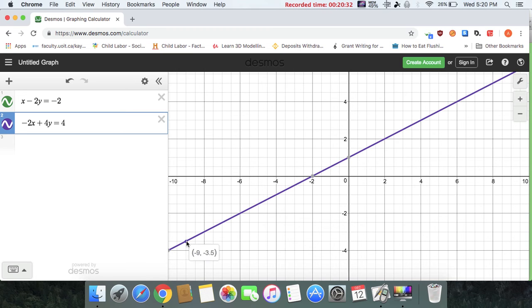So if I take this point right here, which is negative 9.07 and negative 3.535, and I substitute that into this equation and this equation, it would make those two equations true. If I pick this point right here, 1.04 and 1.52, and substitute in there, any point as long as it's on the line will make these two equations true.